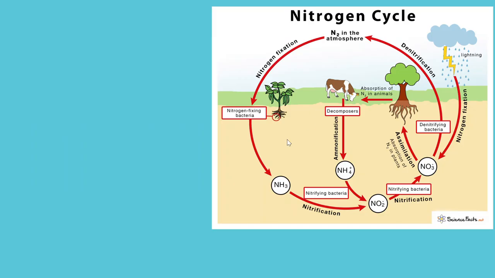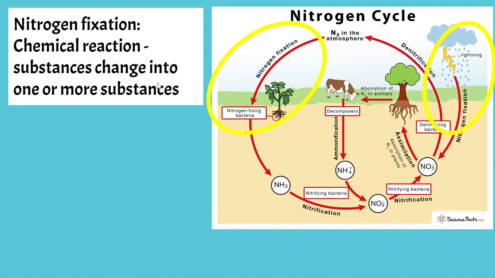All right, so here's our nitrogen cycle, and we can fix that nitrogen using our nitrogen fixing bacteria, and then more bacteria is going to continue that process and ultimately give us nitrates, or lightning can fix the nitrogen as well. Remember, when we are fixing nitrogen, when we are changing it, it's a chemical reaction.